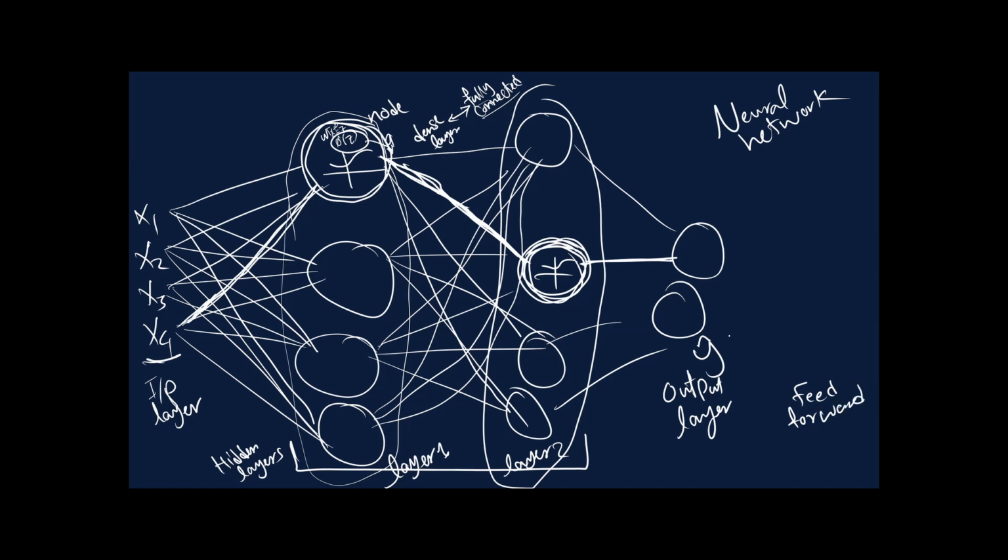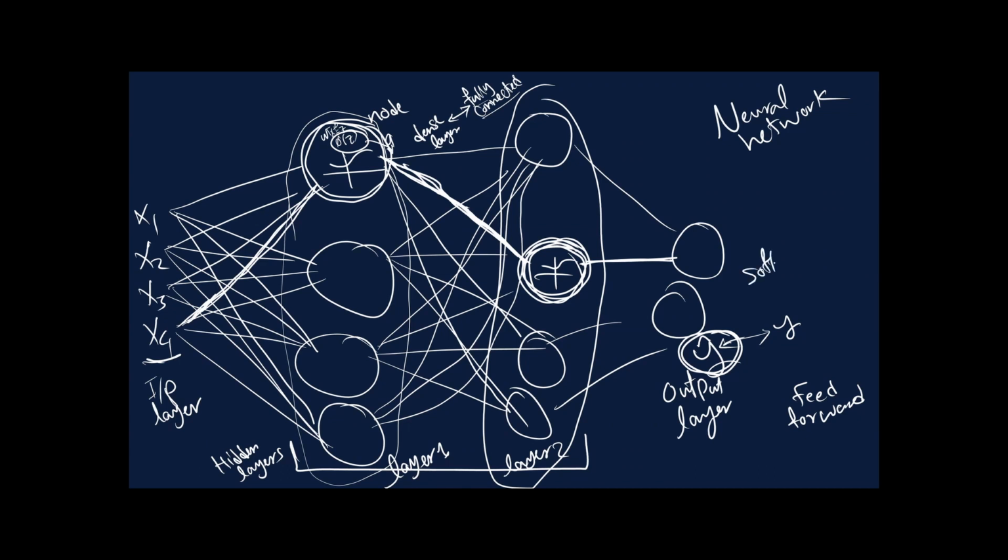And when we are calculating the weight updates, we have to look at the true label. We only have the true label at the end; we can only get y hat at the end. So when we get y hat, we compare it with y, and then we see our error and back propagate our weights.